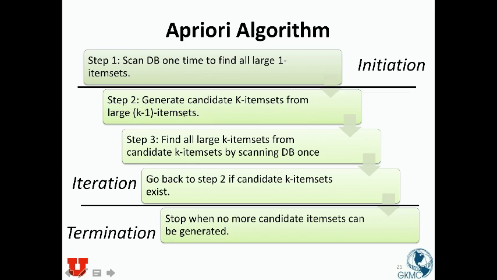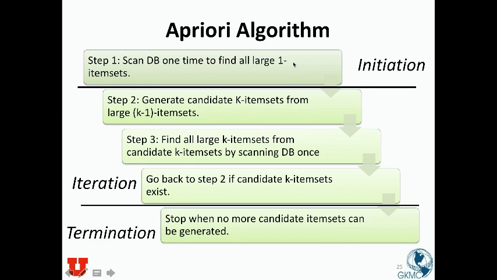Once we have the candidate item sets, we evaluate whether they have a high enough support level, and go through these iterations until there are no more candidate item sets that have 1 more item than the previous large item sets.